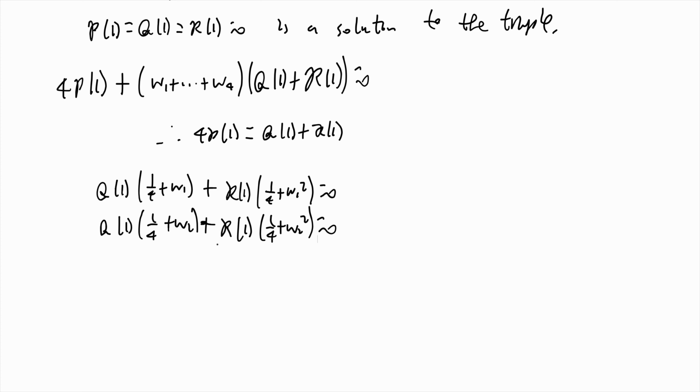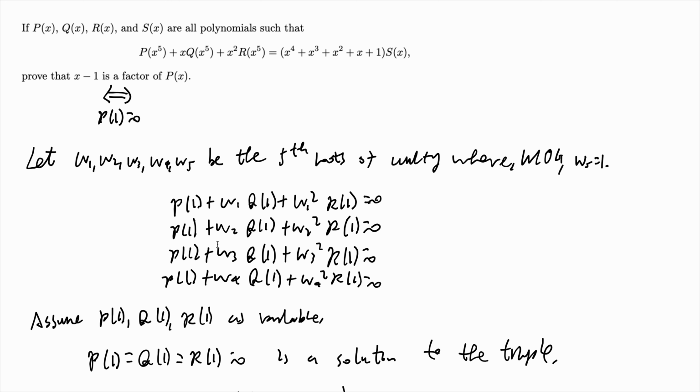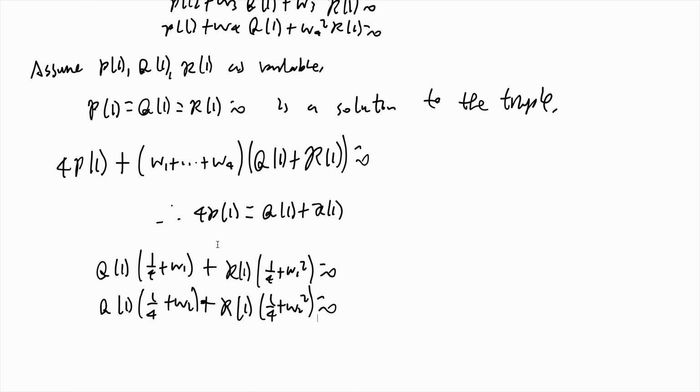What I mean by that is, without loss of generality, well, are we allowed to do that? What I wanted to do here is let Q of 1 be a pure real number and R of 1 be a pure imaginary number.